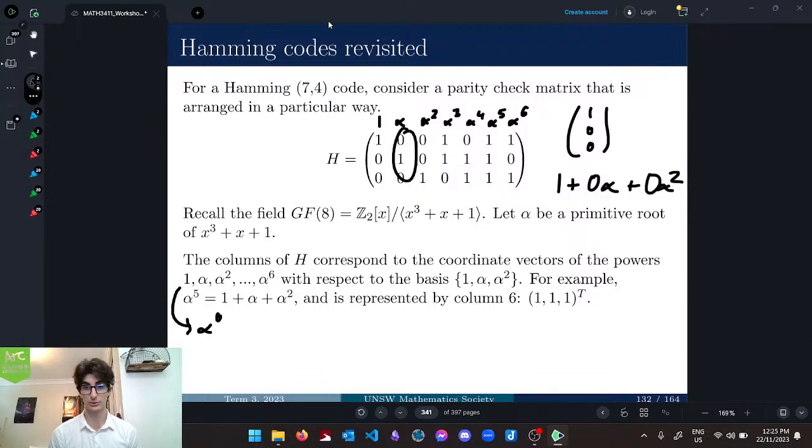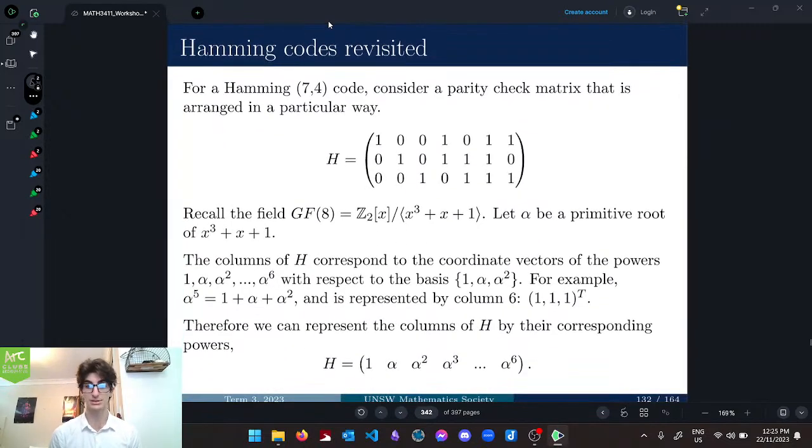Very similar for alpha. We get 0, 1, 0, and so on. So you can see that alpha to the 5, this column, is just 1 plus alpha squared, represented by, as we can see here, column 6, because we have 0 indexed. This is 0, 1, 2, 3, 4, 5, and 6.